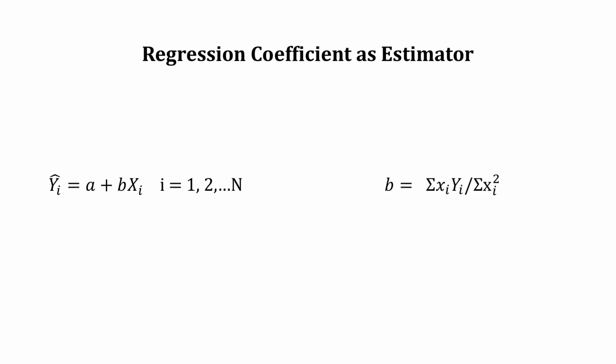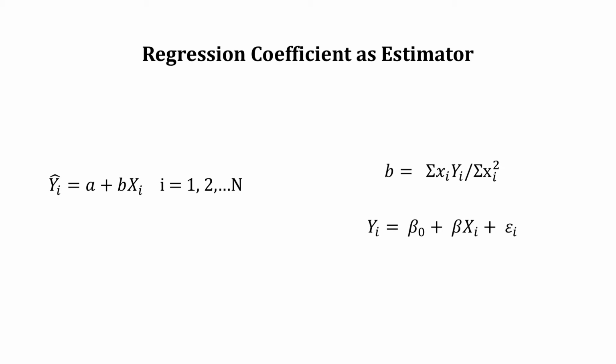We derived this expression for the slope coefficient, in which b is a function of y, as well as deviations for x from its sample mean. But y is in turn a function of the n random variables epsilon sub i. a is a function of b, and y hat is a function of a and b.